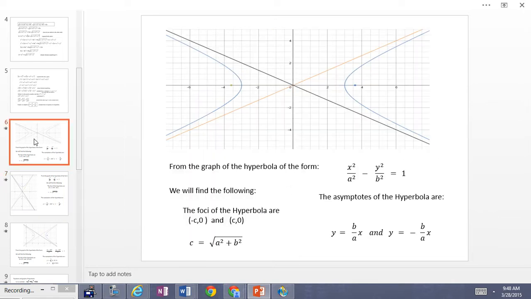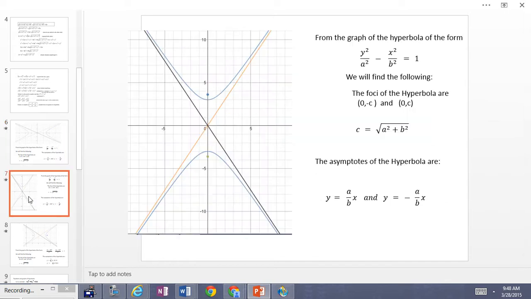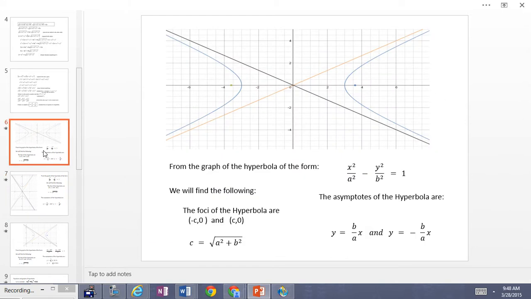Very easy to distinguish those. In most cases, in the general form, the first variable listed will tell you the direction: since x is listed first, it tells you the direction, and y listed first tells you the direction. But that's kind of a poor way of determining it because it's not always going to be in that form.